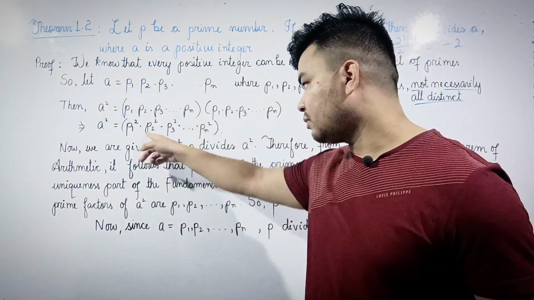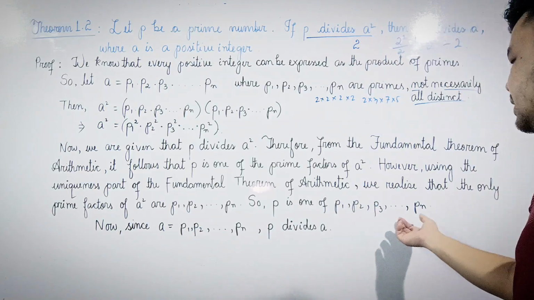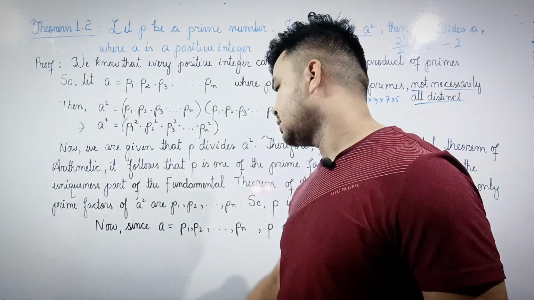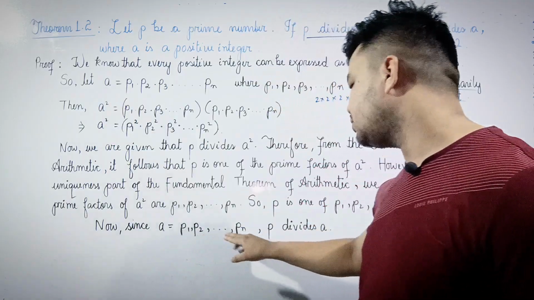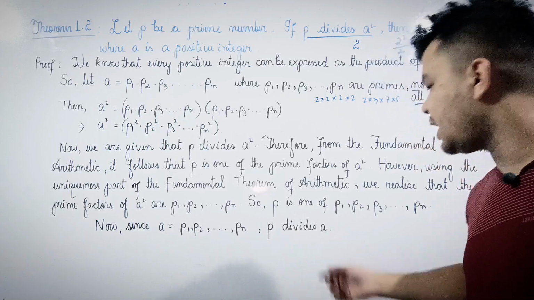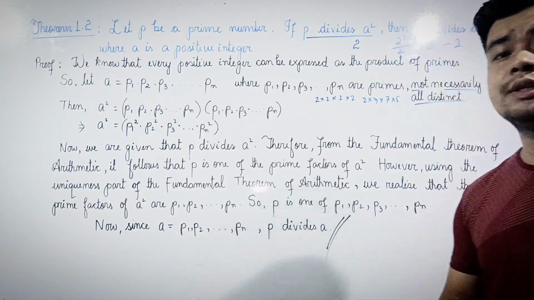Here these P1, P2, P3 are what? They are the prime factors of A, since A is equal to P1, P2, P3, ... Pn. So P divides A. Here it finishes the theorem.